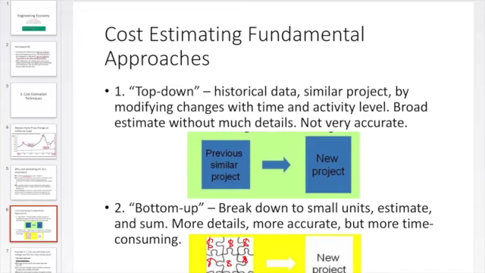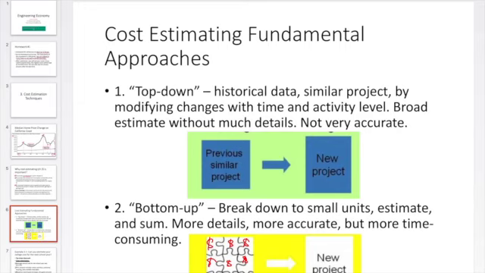Maybe you have the cost of a house 2 years ago, and then you consider the market change and the interest rate, and then you say, okay, I estimate that there will be a 3% increase in the price. So the current price might be the price 2 years ago times 1 plus that 3%. Okay, so that's how you estimate. You estimate based on the historical information, and you modify that with the time and activity level.